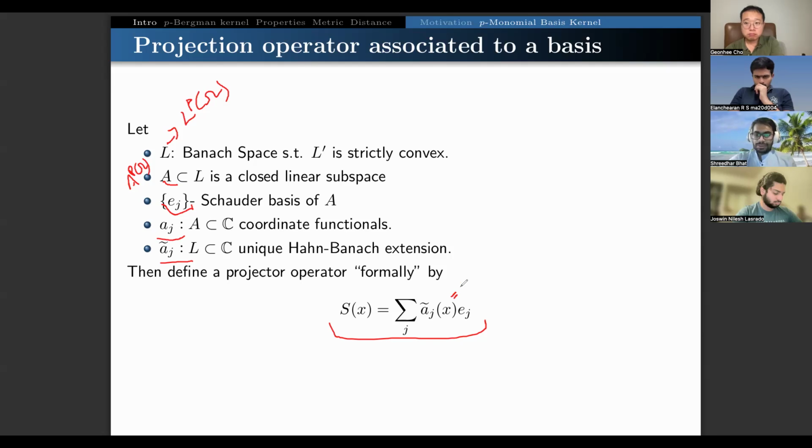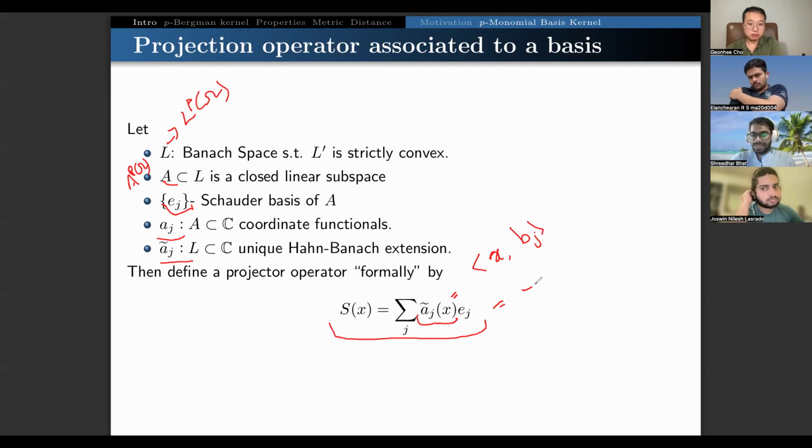Now, in some sense, because this is a functional on LP, you know that there is a function in LQ such that this can be written as x comma, say, bj.